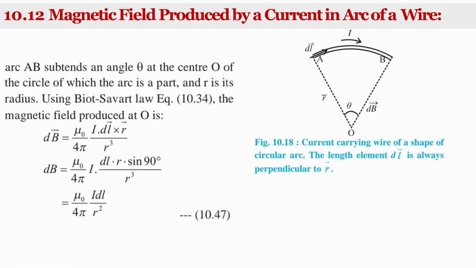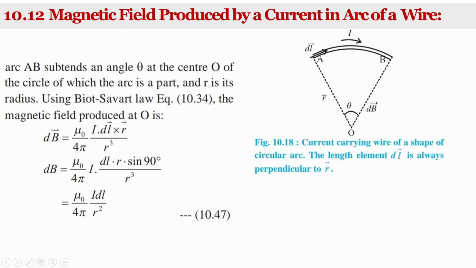The magnetic field produced by a current in a circular arc of a wire. We can determine the magnetic field produced by a current in an arc of a wire. We know that when current flows through a wire, it produces a magnetic field in the surrounding space, and we can obtain an expression for the magnetic field produced by a current in an arc of the wire.